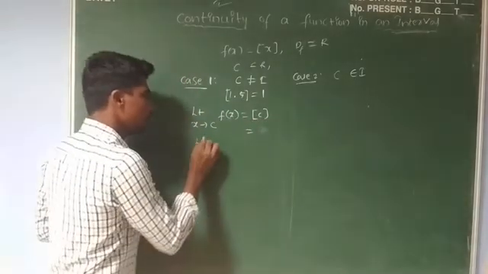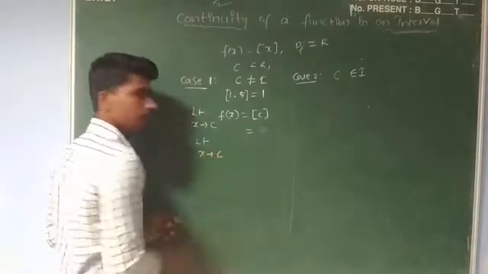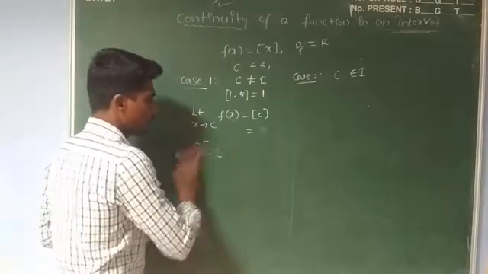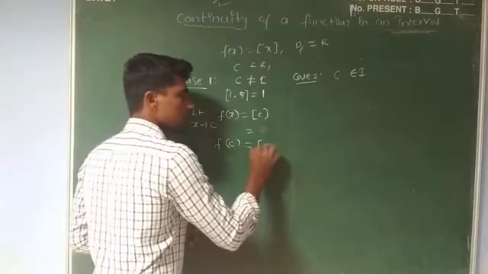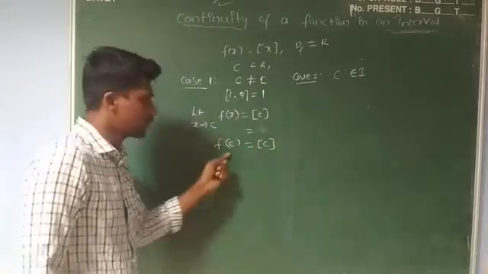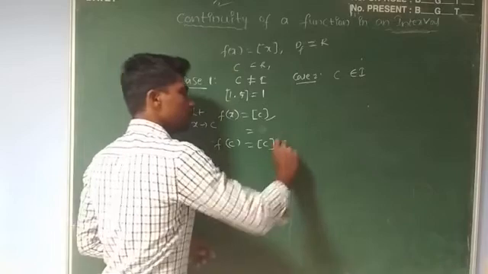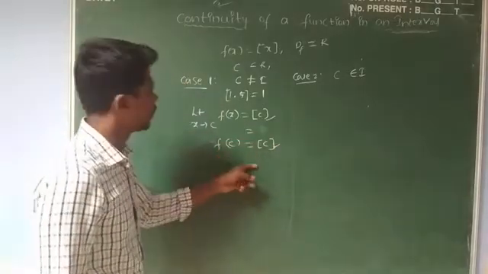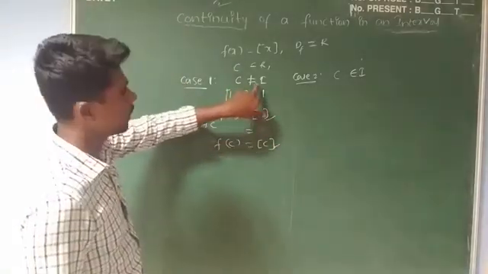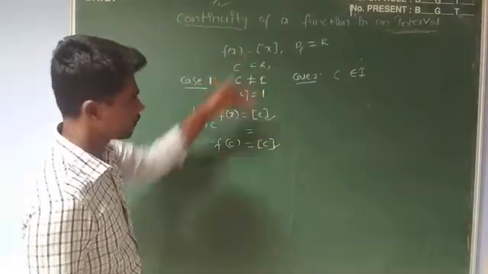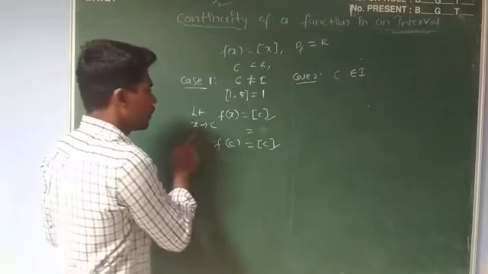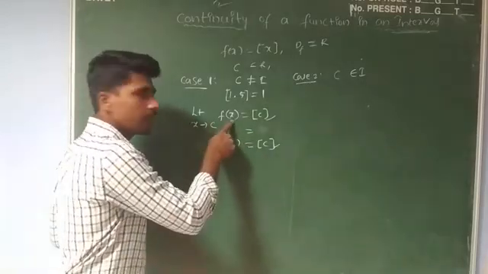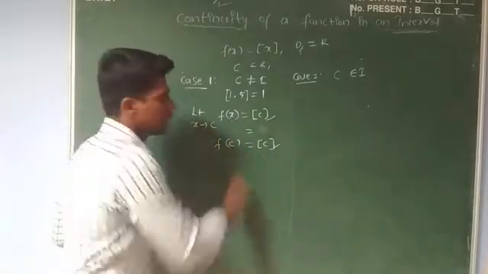The value of f of c is step c. You compare these two, both are equal. So if it is not an integer, then the function is continuous, because limit x tending to c of f of x is the same as f of c.